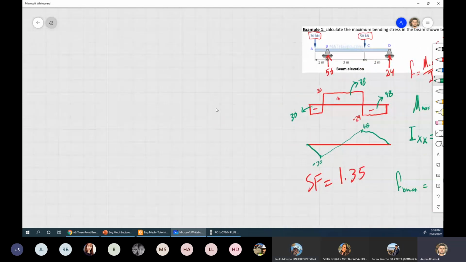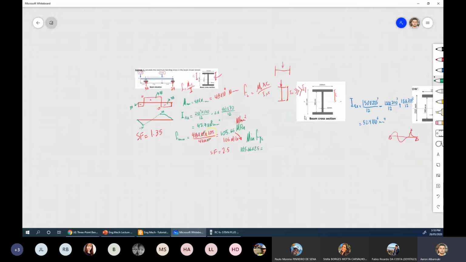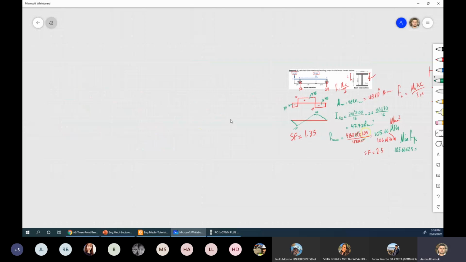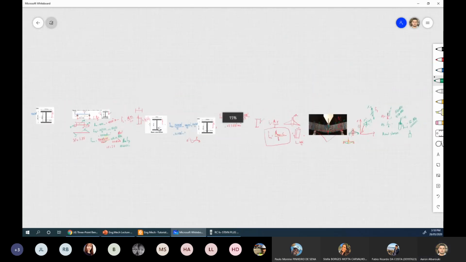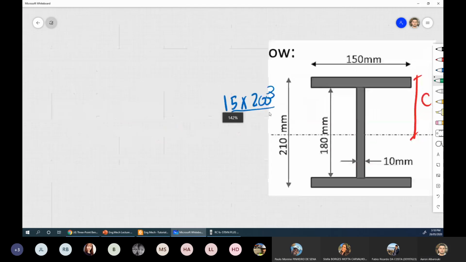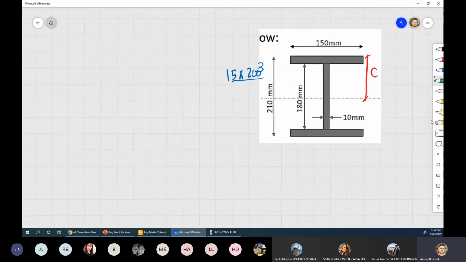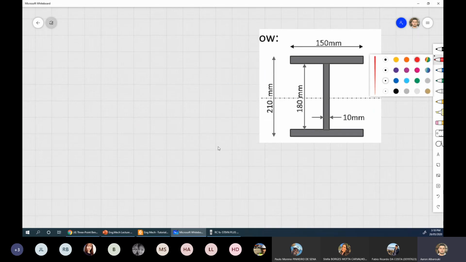So if I just go back here, where is that beam? This is the first one. If I just came to you and said, Aaron, we'll be using this beam for our design. Actually, that's a question to all of you.